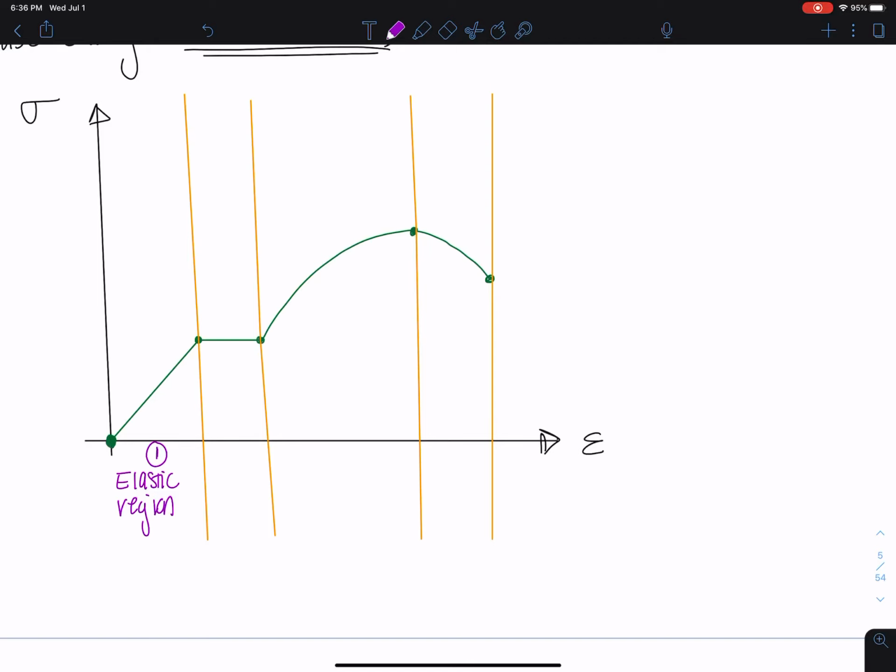We call this the elastic region because no matter what force I apply on the object, so let me actually draw the object that would go with this stress strain diagram.